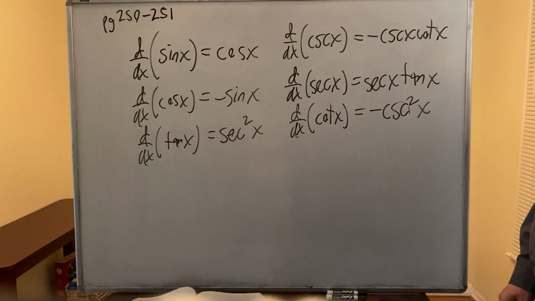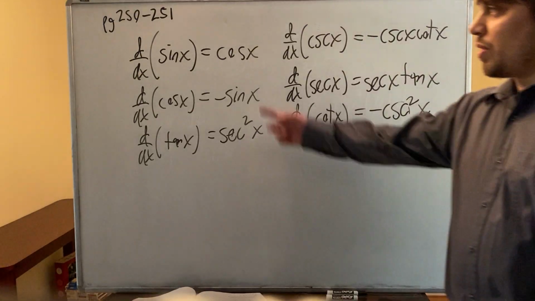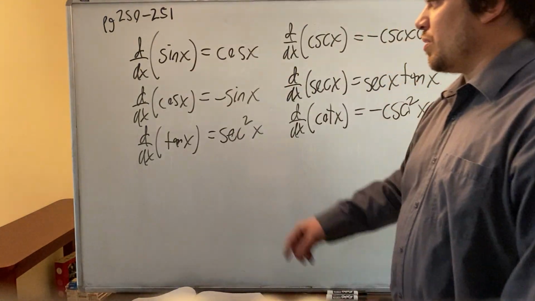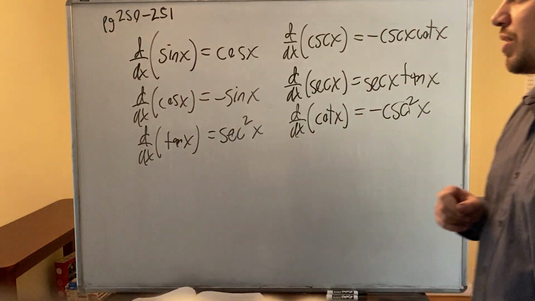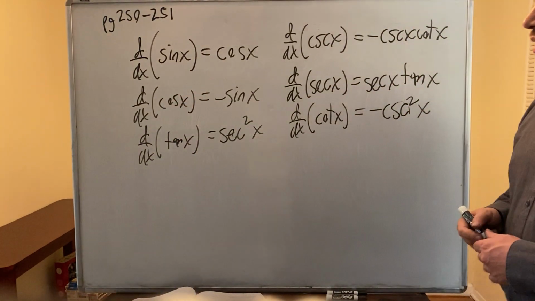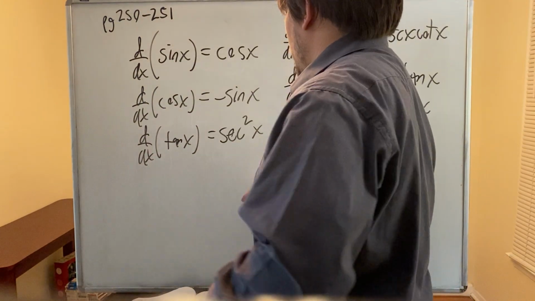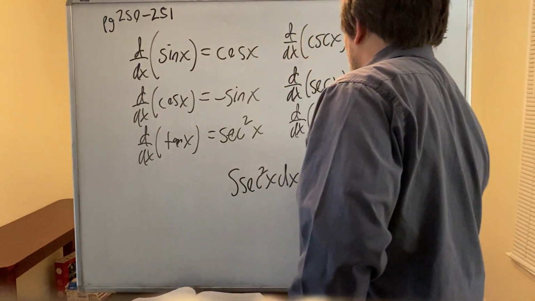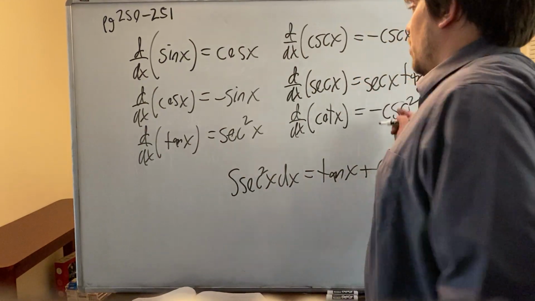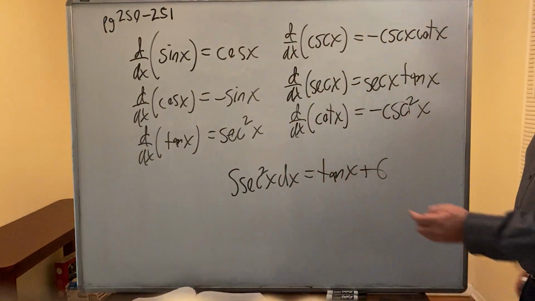All right, and so from these formulas you get antiderivatives. The antiderivative of cosine x is sine x plus c. The antiderivative of sine x is negative cosine x plus c. And you can keep going. From this third equation, you would know that the integral of secant squared x dx is tan x plus c. So knowing those 6 equations means you can go in the opposite direction.